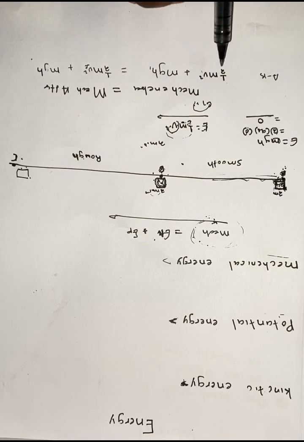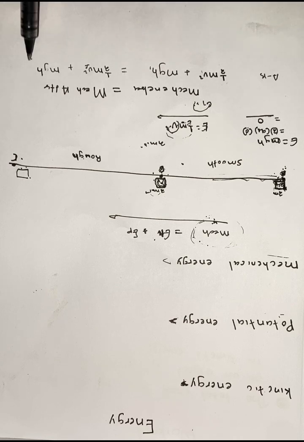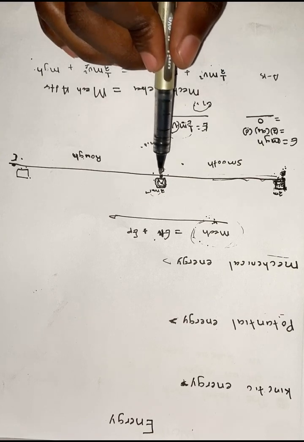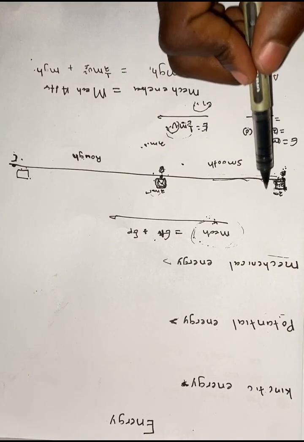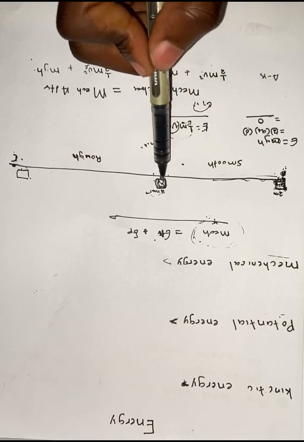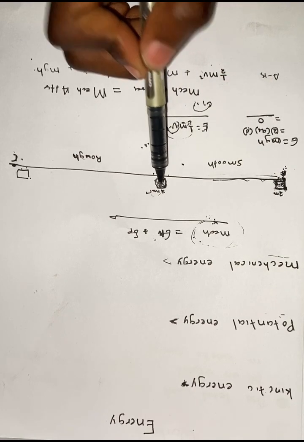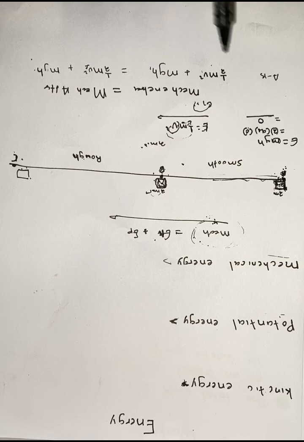Note, you are not allowed to use this formula if mechanical energy was not conserved. Mechanical energy will not be conserved if there is friction force. Therefore, it is not conserved because the mechanical energy before is not equal to the mechanical energy after. Okay? So you use this formula only from point A to point B, where mechanical energy is conserved.